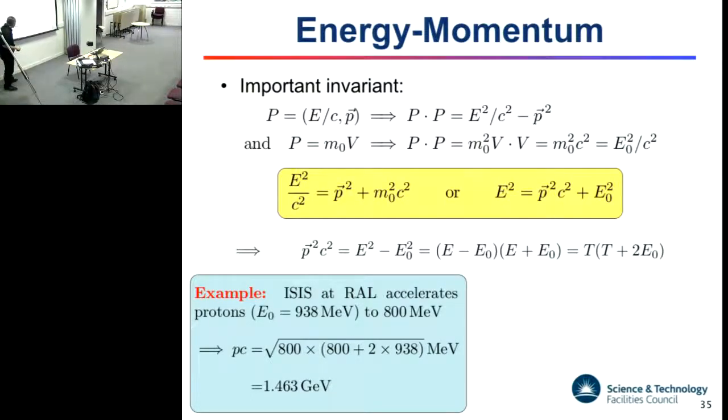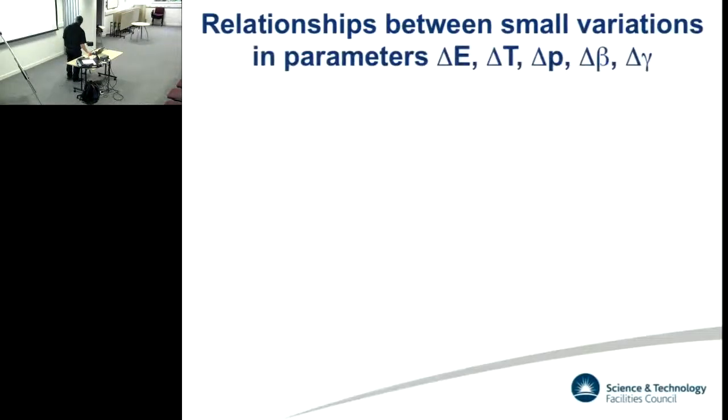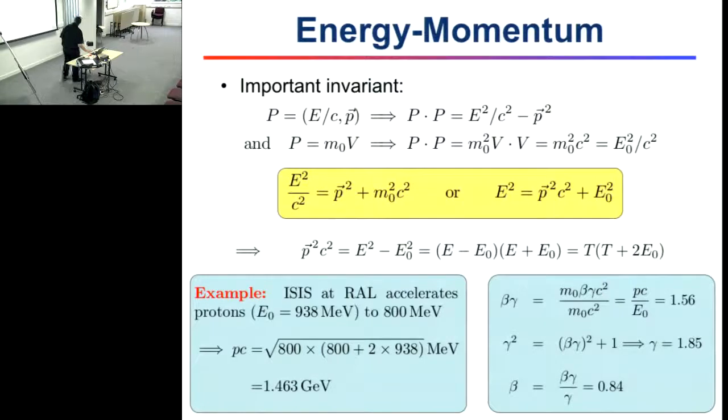And that's giving me my proton energy. Then I can work out from my gamma, with more accurate figures, my gamma near 2, which gives me my beta, quite close to the speed of light.